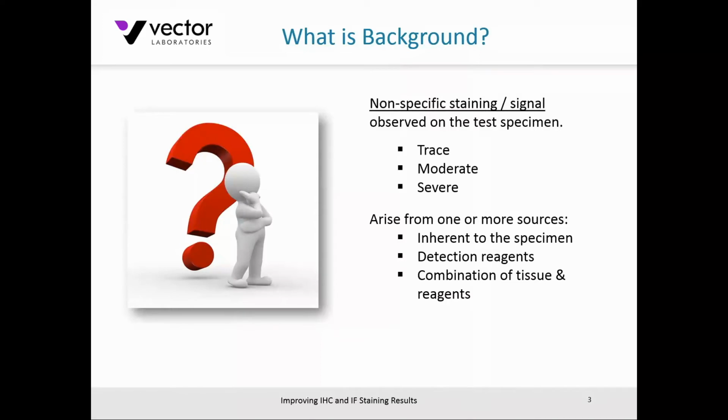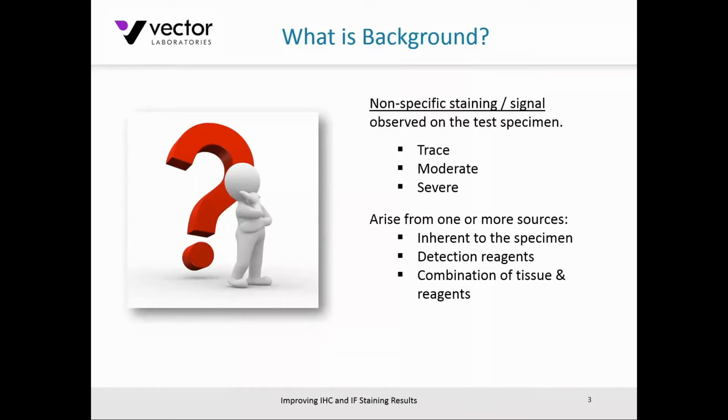And it might be observed as a trace or a weak staining, maybe an overall toning across the tissue section. That might not be too problematic, particularly if your specific signal is highly expressed and you've got a nice staining for that, and you've got a very good demarcation between the signal to noise ratio.